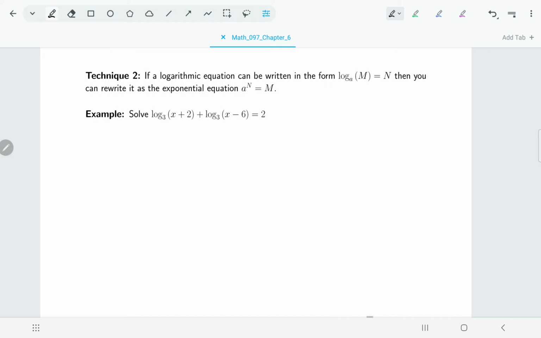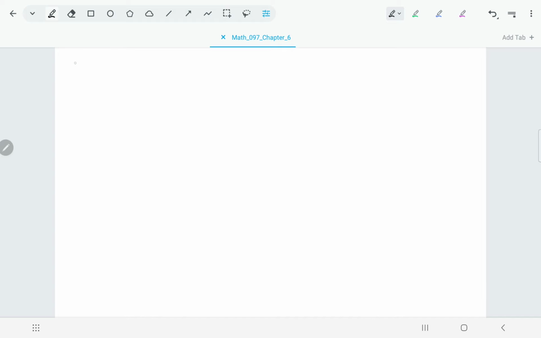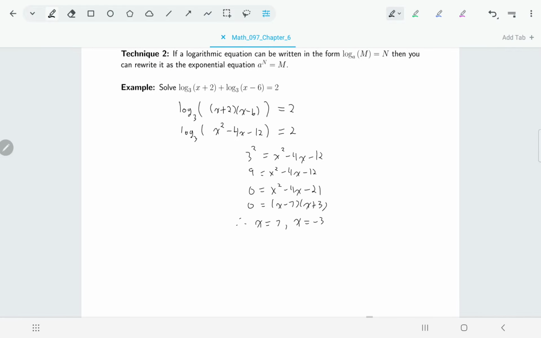So let's check our work. And the nice part is, of course, the right side is already done for us. The right side is always just going to be 2. So the question is, what's going on with the left side? I'm going to start with checking x being 7, and then I'll do the negative 3 afterwards.